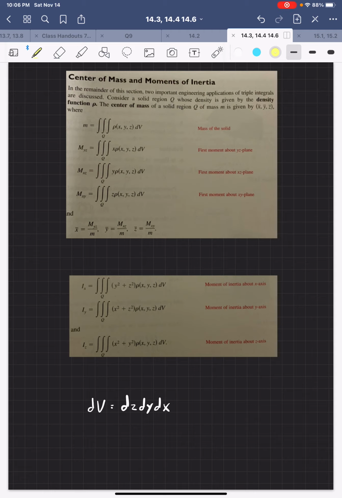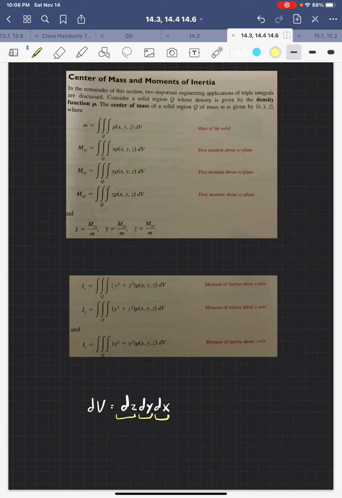When it comes time to integrate, we have dz, dy, dx. Now, the order of integration, the order at which you integrate, does not affect the solution, but it can obviously affect how hard the question is to integrate.